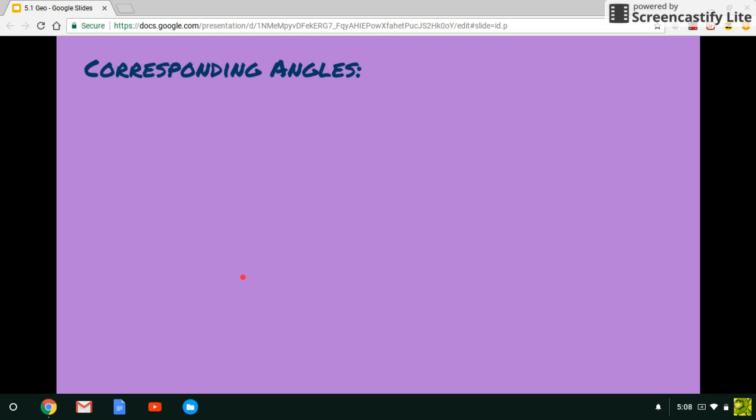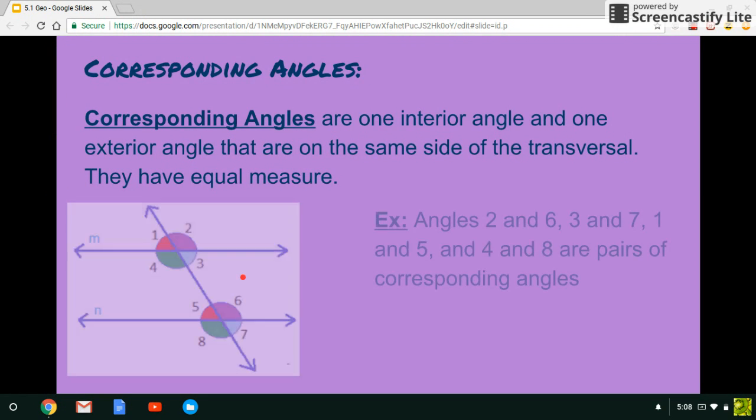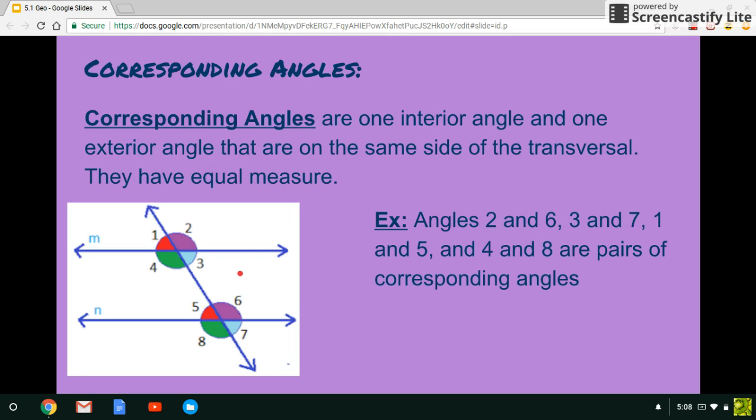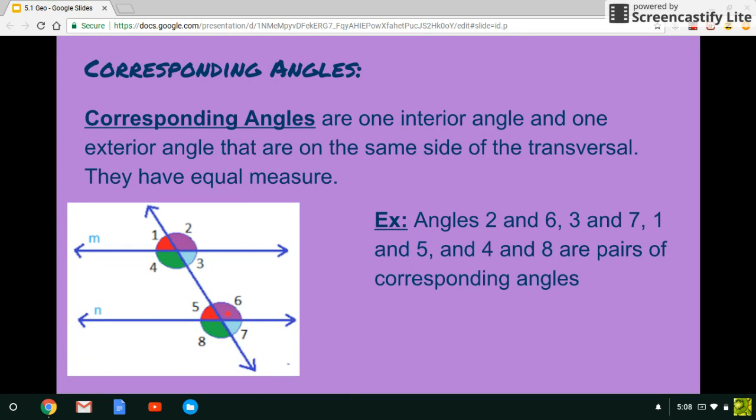Okay, our last piece of vocab for today is corresponding angles. So corresponding angles are one interior angle and one exterior angle that are on the same side of the transversal, and they have equal measure. So in this case, angle 2 and angle 6, the purple ones, are corresponding angles.